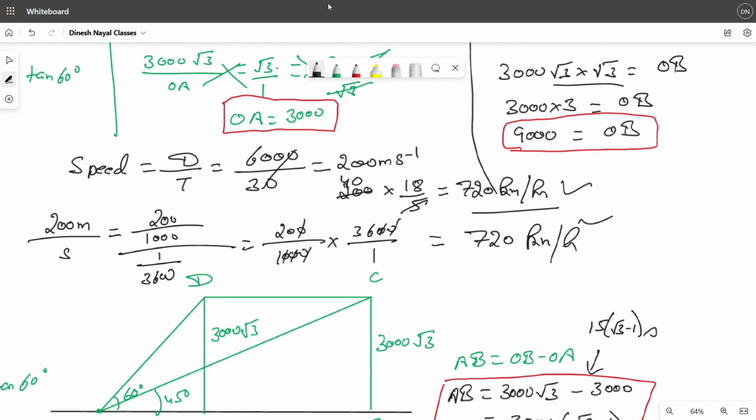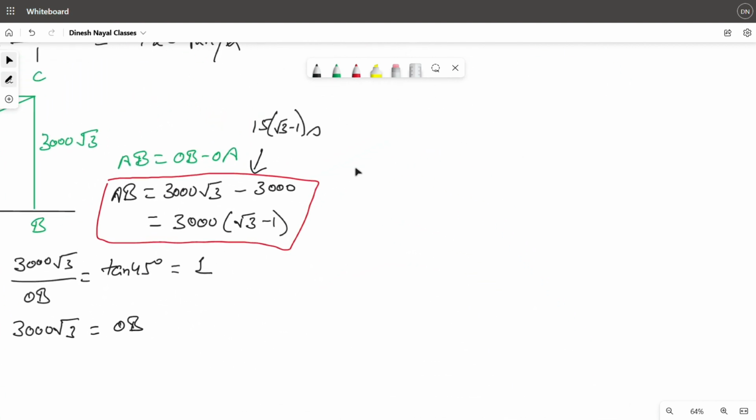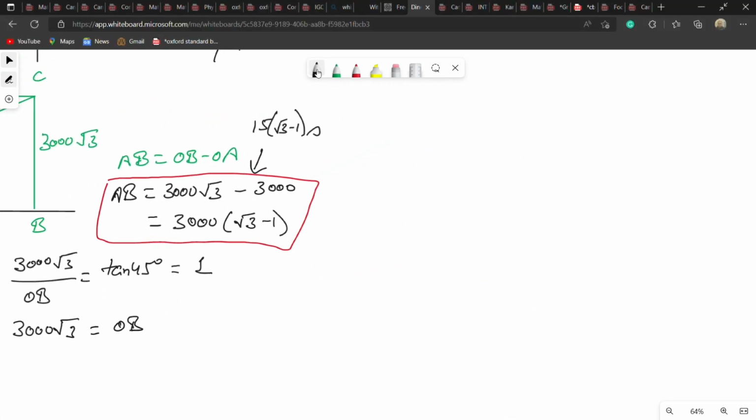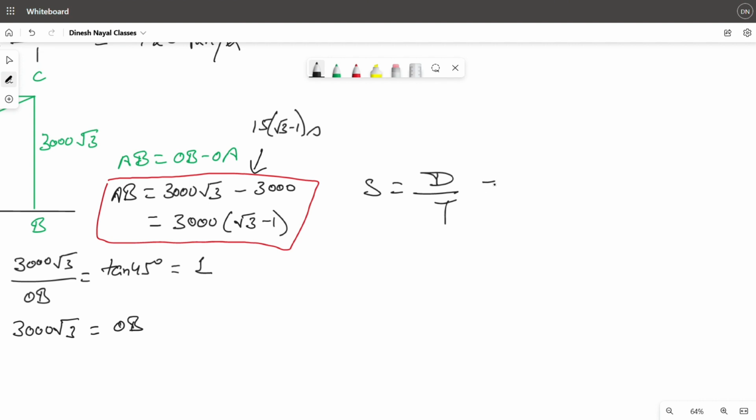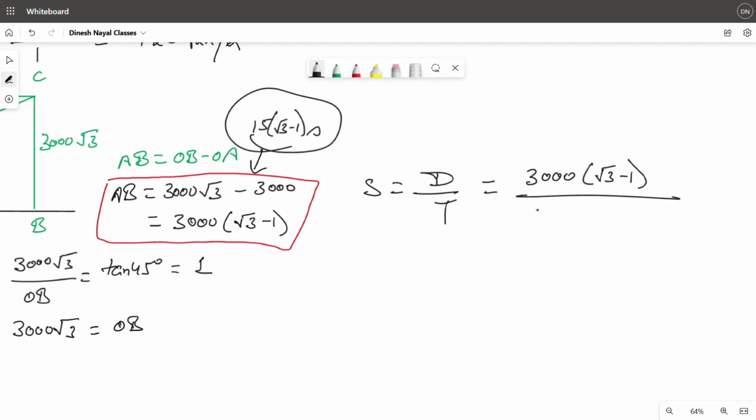Okay, now coming to the next part. As we know, speed is distance by time. The distance is 3000(√3 − 1) meters, and the time taken is 15(√3 − 1) seconds.